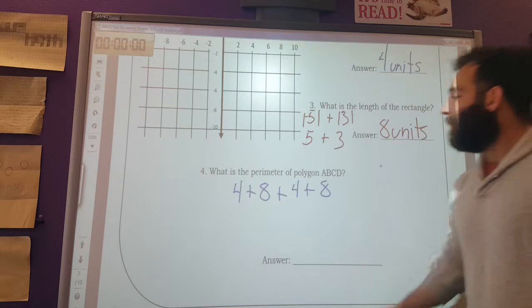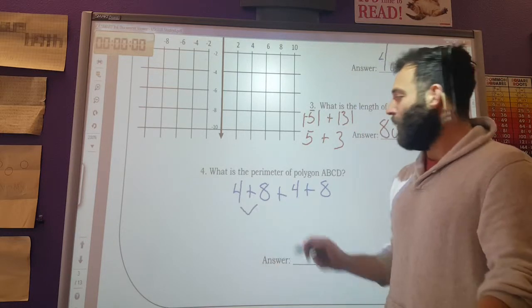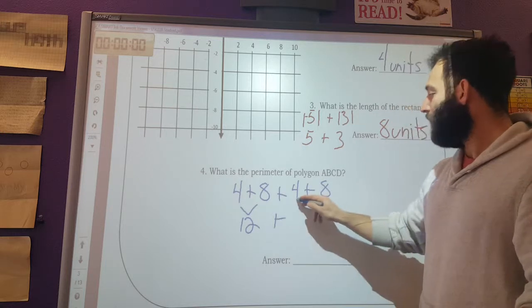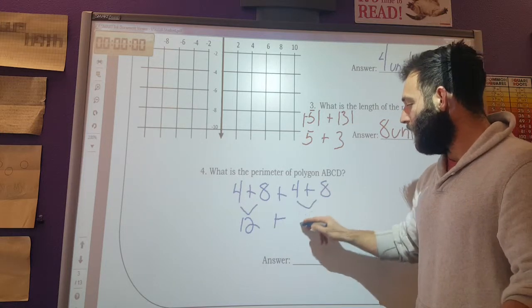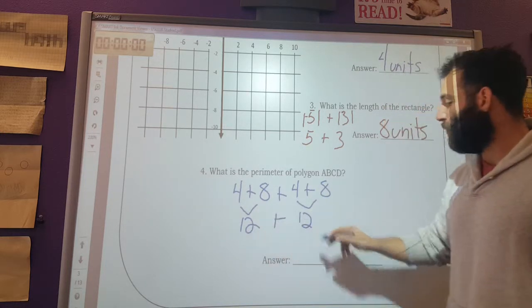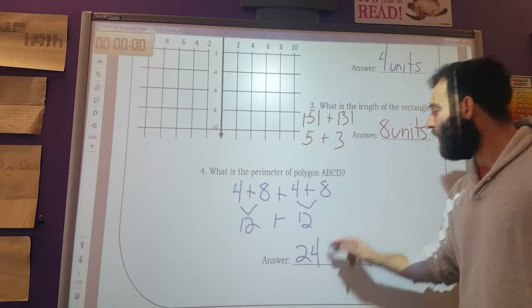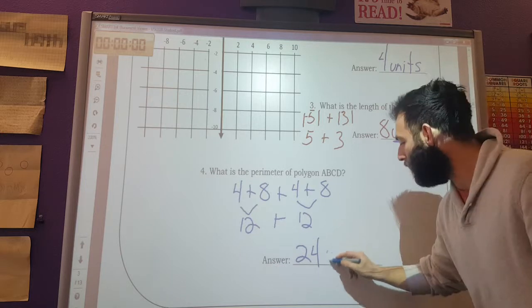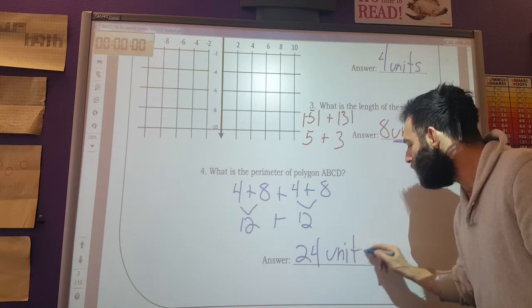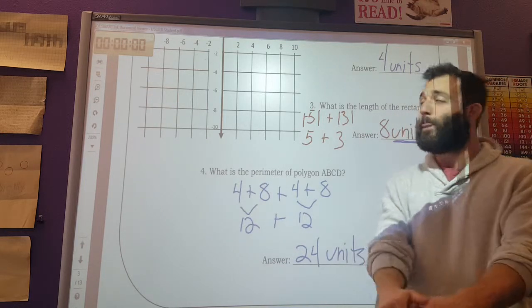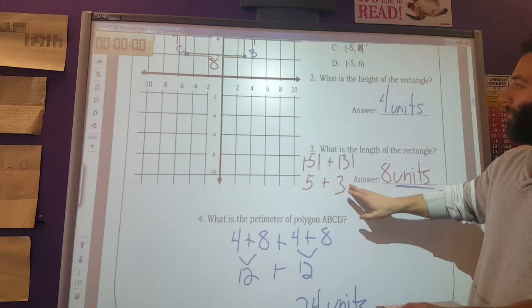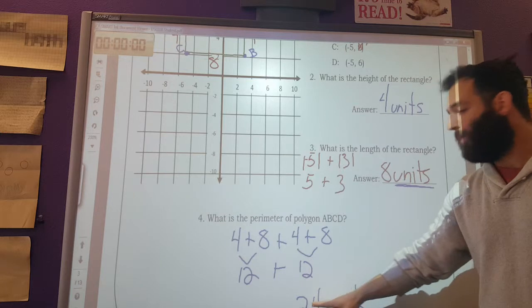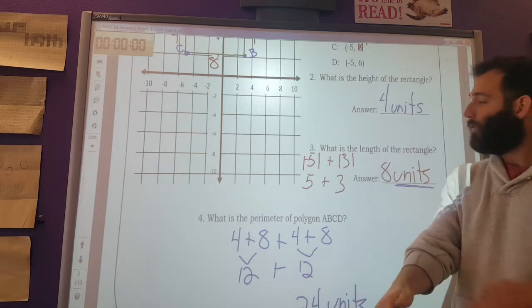So when I add this up, I have 8 plus 4 is 12, plus 8 plus 4 is 12. Now 12 plus 12 gives me 24, and not wanting naked numbers, I need to include my label of 24 units. So the perimeter of polygon ABCD would be 24 units.